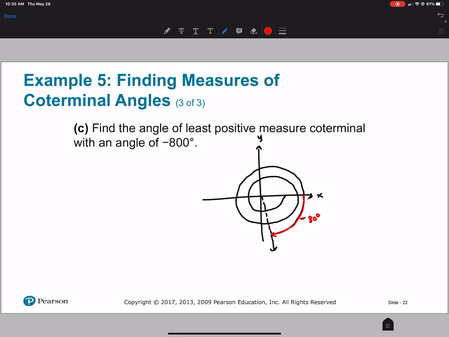So I know that this is negative 80 degrees. So, therefore, I know all I got to do is do what? 360 plus a negative 80. And that's going to give me what? 280, right? 280 degrees.